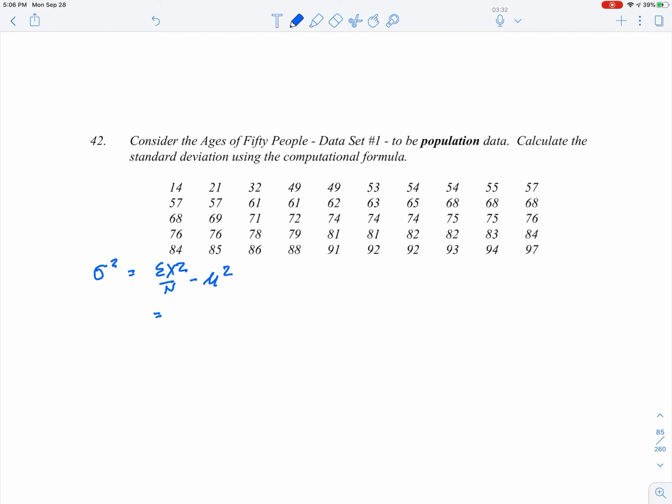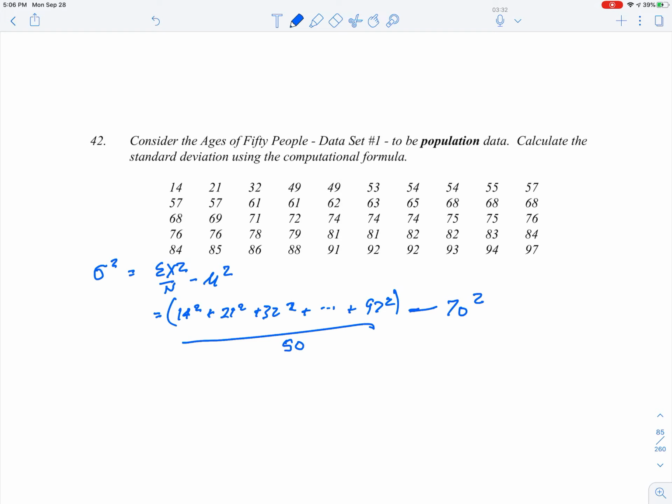So we square each number: 14 squared plus 21 squared plus 32 squared, all the way up to 97 squared. That whole thing is divided by 50, and then we subtract off the mean, which is 70 squared.